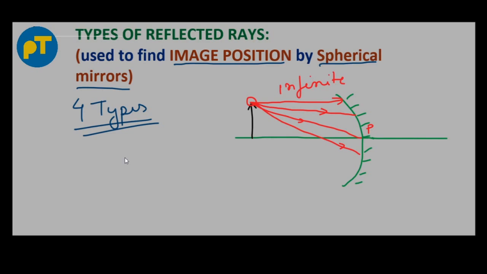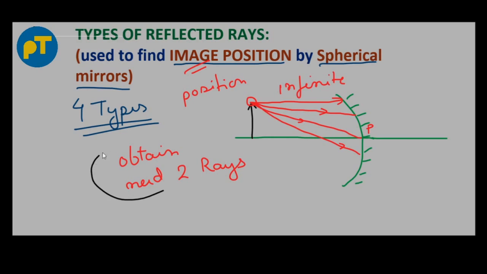But to obtain an image and its position, we at least need two rays to identify the position of the image as well as the size of the image.